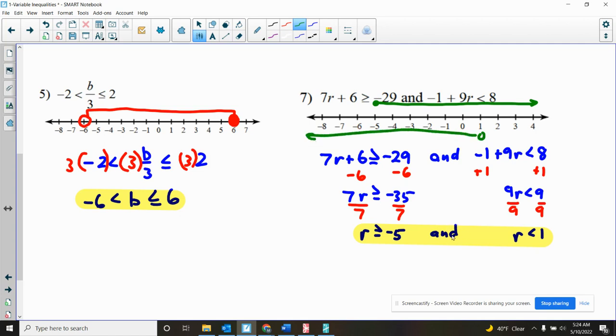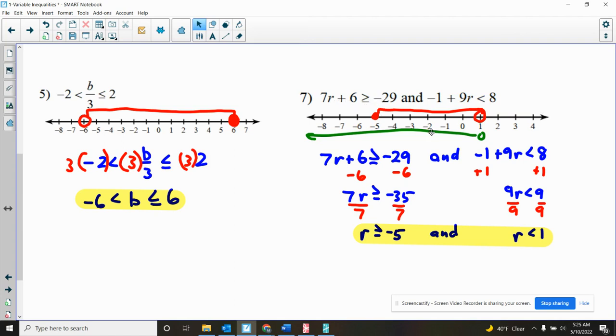For the and compound inequalities, I only want a solution where these things overlap. So that's going to be a closed circle here, an open circle here, and they overlap in between. So the solution looks like that red part, and just the red part.